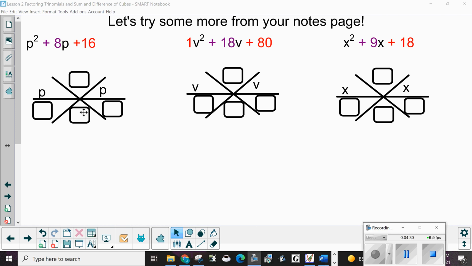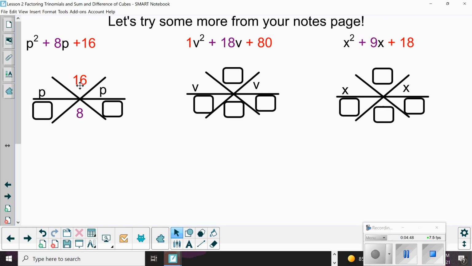First, we write down the P and the P. It's P squared, but I don't want the square here. I just want the variable. And the coefficient A is 1, so we don't write down a 1. Then 8 is the value of B. Easy peasy. Then 1 times 16 is 16.